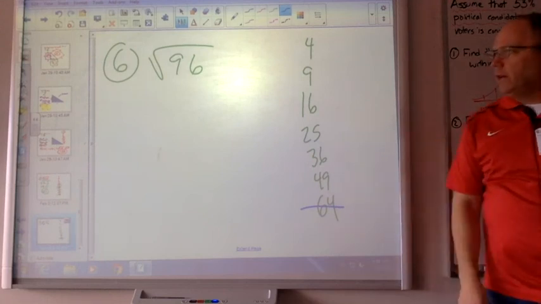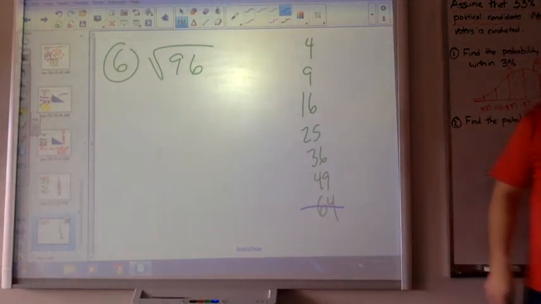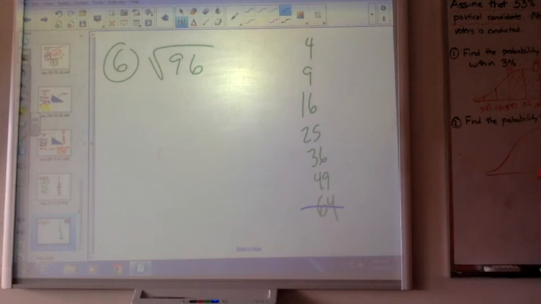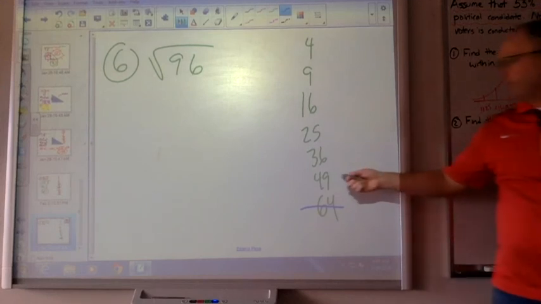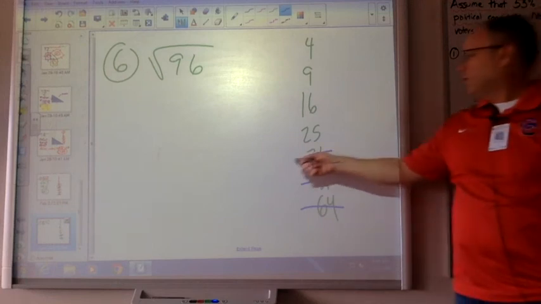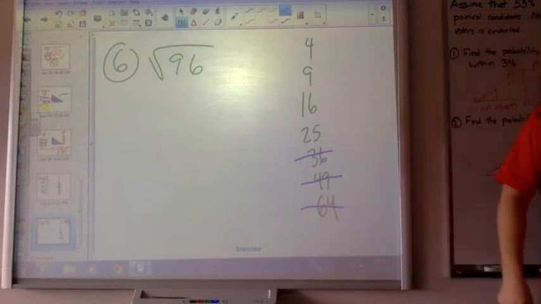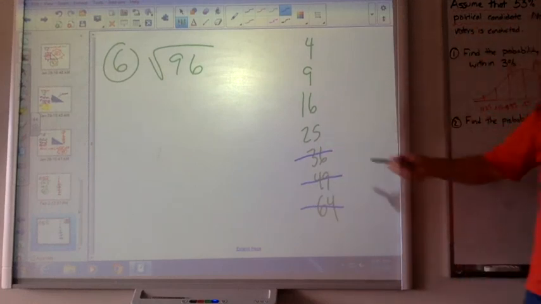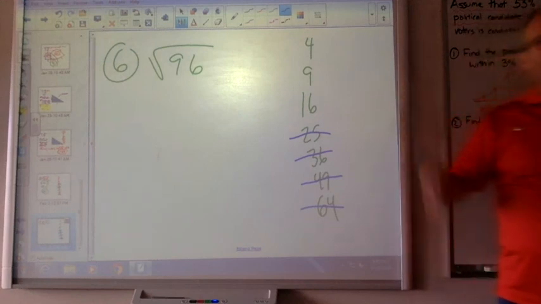What about 2 times 49? 98, I think. So can I cross off 49? Yeah. 36 times 3 we just found on the last one. What about 36 times 2? That's 72. 36 we can probably cross off. We can automatically cross 25 off because 5 doesn't go into it.